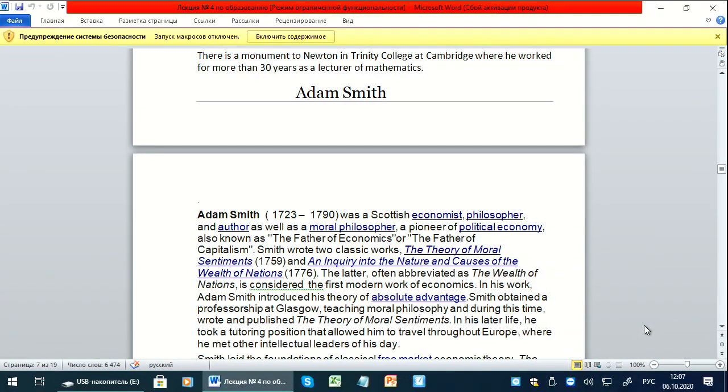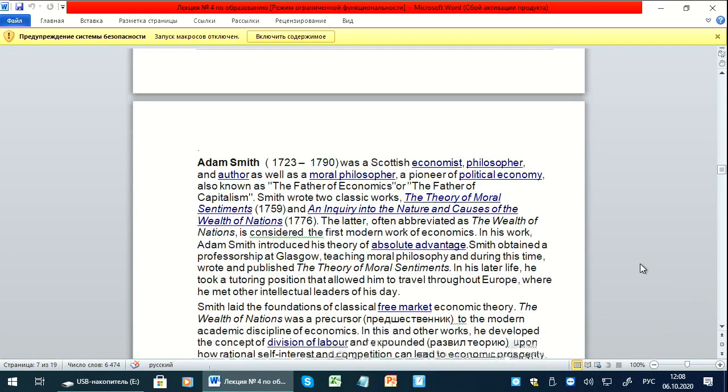In his later life, he took a tutorial position that allowed him to travel throughout Europe, where he met other intellectual leaders of his day. Smith laid the foundations of classical free market economic theory.